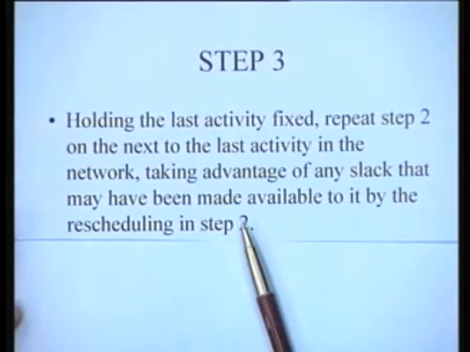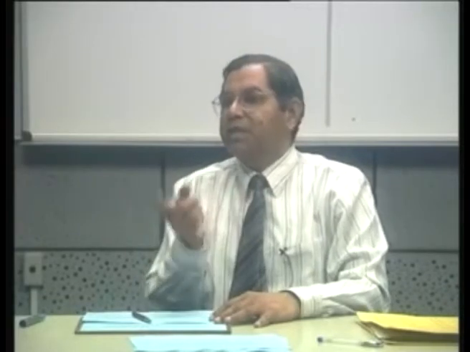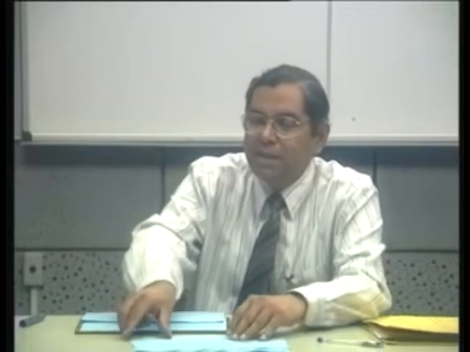So once you have taken the previous activity and have fixed it, the other activity can now be slid up to that point. So find out now for the next activity where it can go, and again try to fix it so that the sum of the squares is minimized for that particular activity. That's the basic logic. And basically we continue this step.